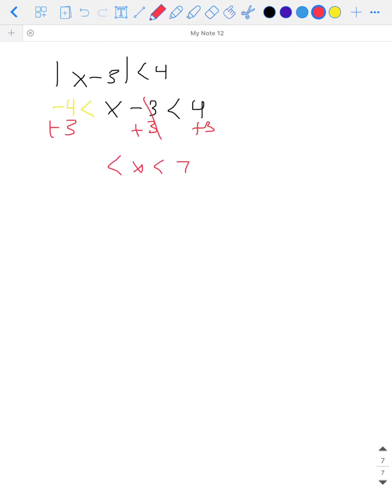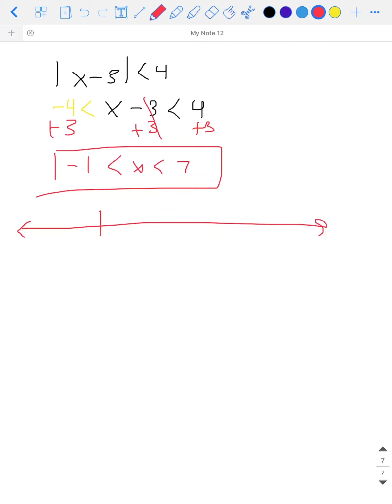Negative 4 plus 3 is negative 1. So all numbers between negative 1 and 7. The left side, x is greater than negative 1. It doesn't have the equal sign, so it's going to be shaded to the right.